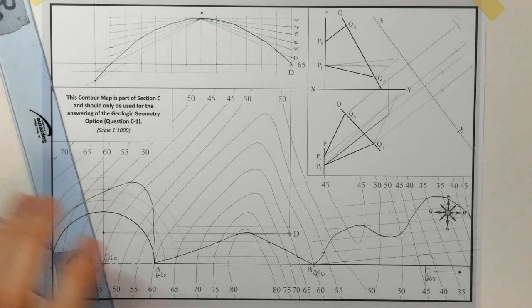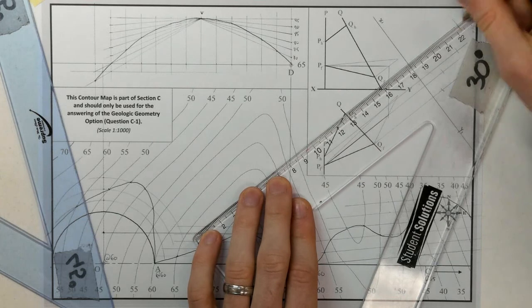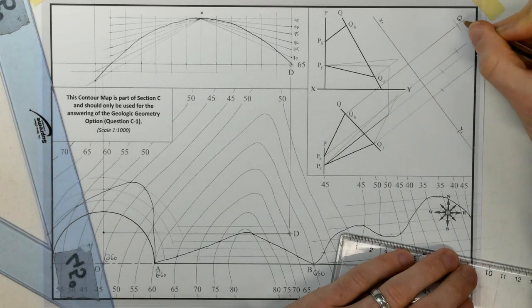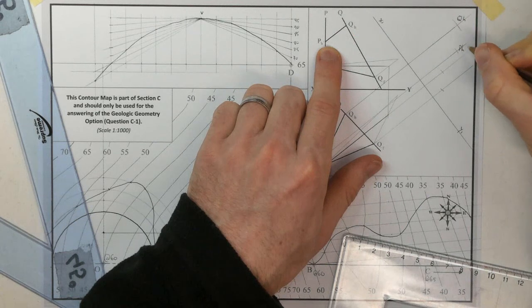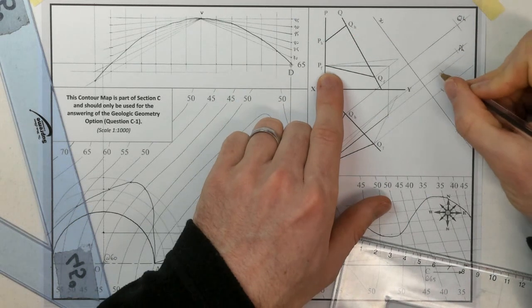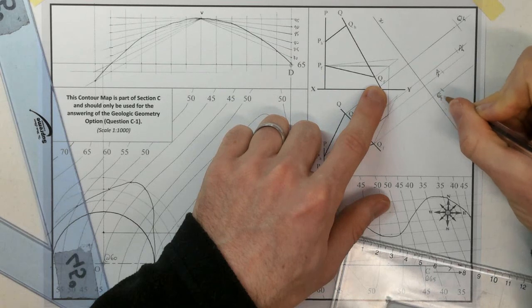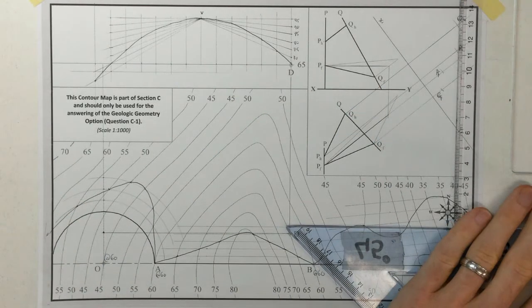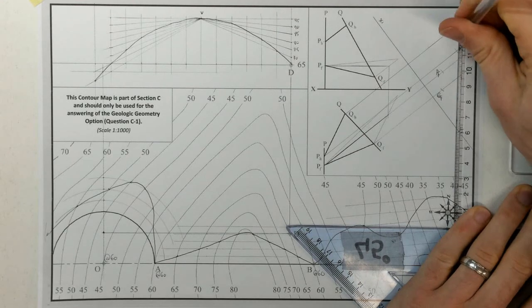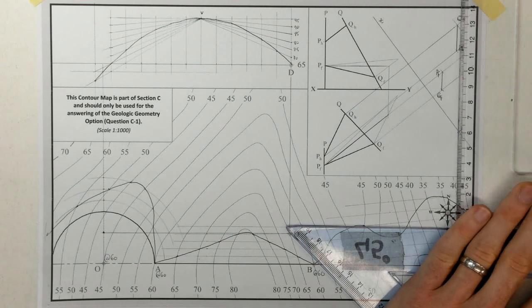So let's think that out. That's our Q, H, P, H, P, F, Q. Alright. So that's their projections. Okay, and our dip.